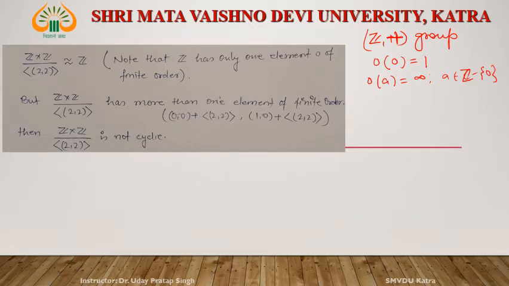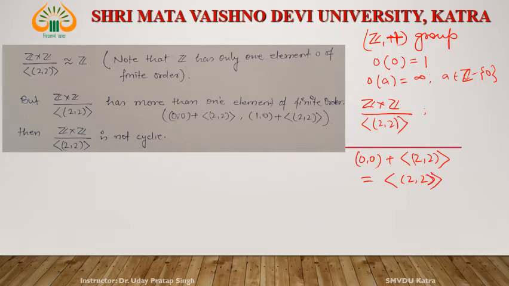Okay. Now see, Z cross Z by H, that is, all the elements generated by (2, 2). Consider two elements. One is (0, 0) plus H, which is nothing but H, and this is the identity. The identity of the factor group G by H is H. Then the order of this identity is 1.